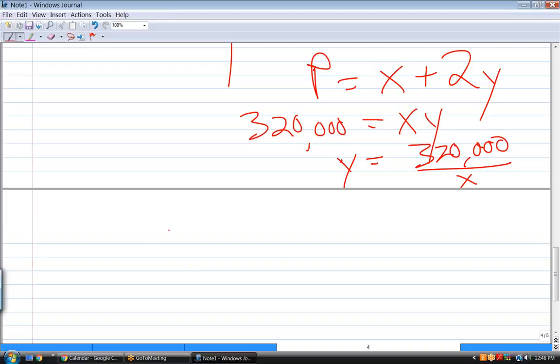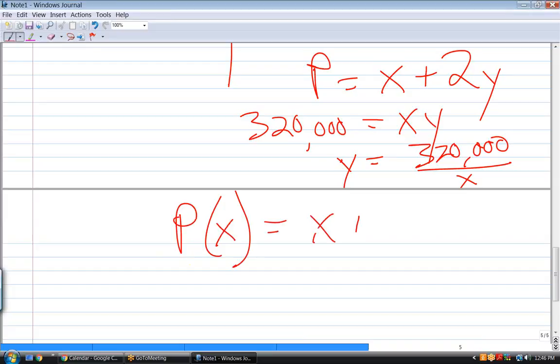Substitute that into the perimeter equation as a function of x. Now it becomes x plus 640,000 over x. Okay? You see how we now have a perimeter function that's a function only of x.